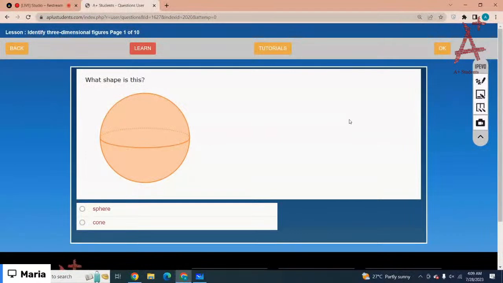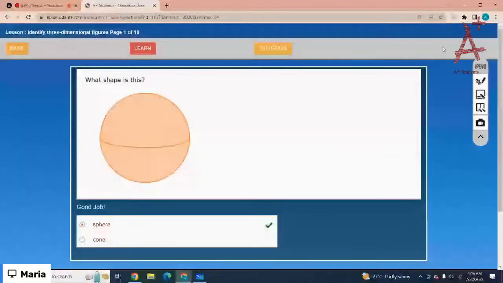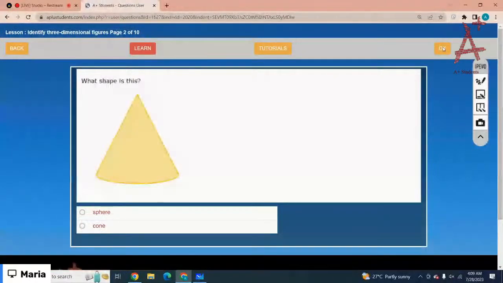The correct option is sphere. What shape is this? Sphere or cone? Which is the correct option? The correct option is cone, it is, right?